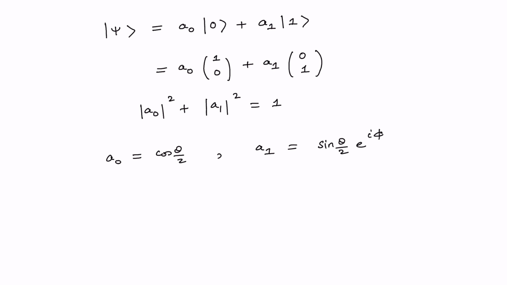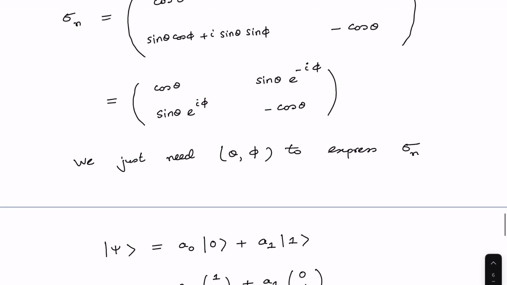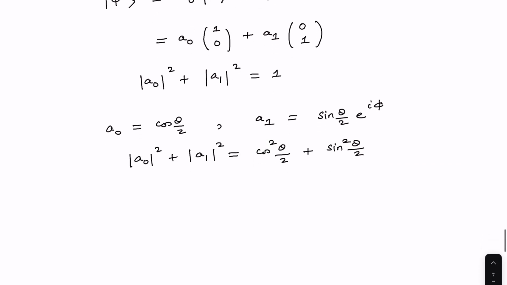As you can very easily see, if I take a_0 and a_1 like that, then |a_0|^2 plus |a_1|^2 is going to give me cos squared theta by 2 plus sin squared theta by 2, which is 1. By the way, if you have forgotten, let me just write that e to the power i phi is equal to cos phi plus i sin phi. So this is very well known.